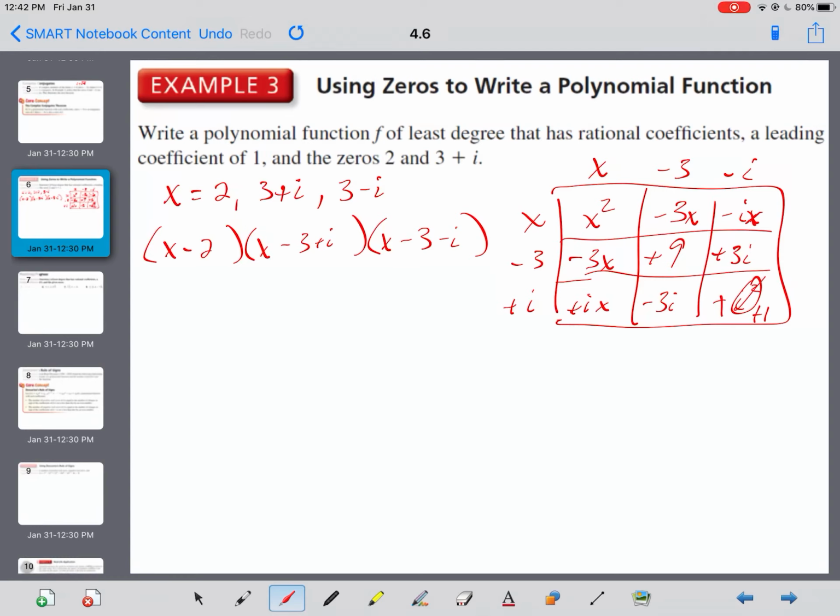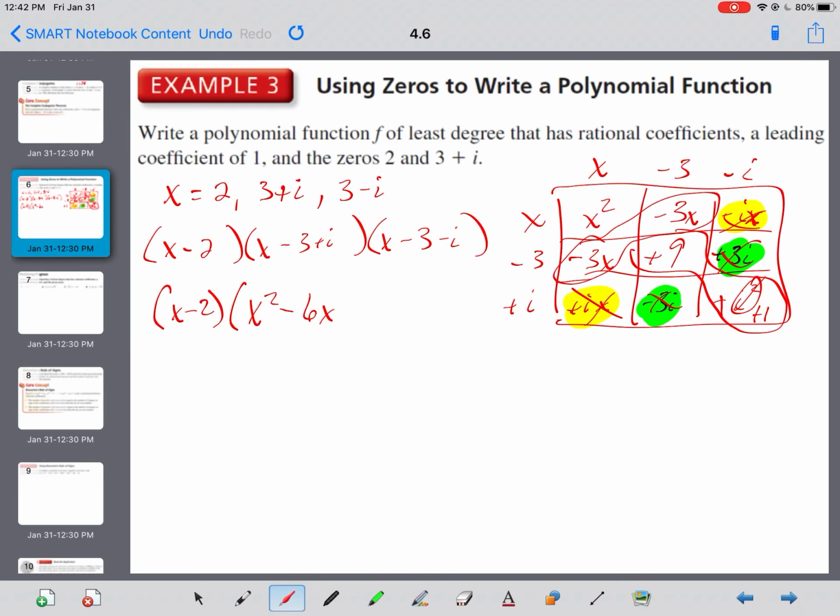Just like the other radicals, this set and that set are like terms, and they're exactly opposite and cancel. So our like terms are here, and the 9 and the 1. So we've got x minus 2 times x squared minus 6x plus 10.